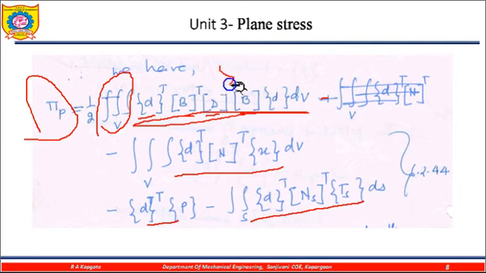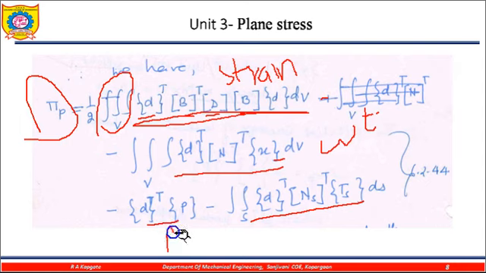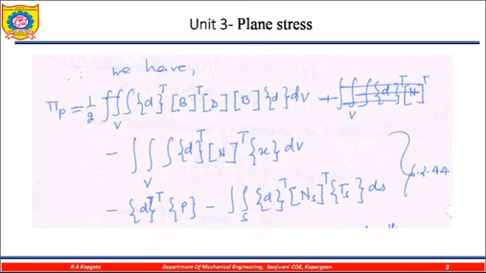This term comes from my strain energy, which is already derived. This one is my weight. This one is my point load, the term that comes from the point load. And this one is my traction load.